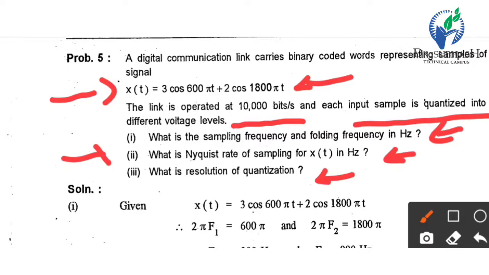So in here the given is our continuous time signal x of t, bits per second, and quantization different voltage levels, that is L. We have to find sampling frequency, aliasing or folding frequency, Nyquist rate and resolution.